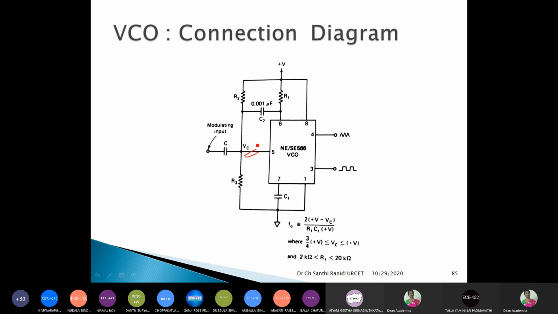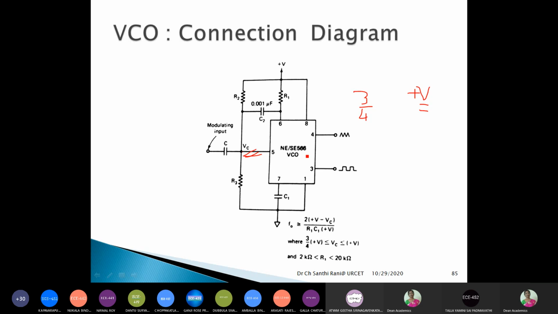That means at least this voltage should be 3/4 of the supply voltage. Then only the modulating signal can be received. If the supply voltage is V, at least 3/4 times that supply voltage should be available as control voltage. Then only your VCO will be working.